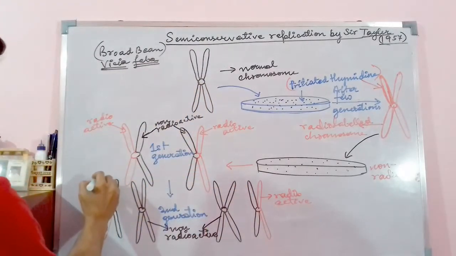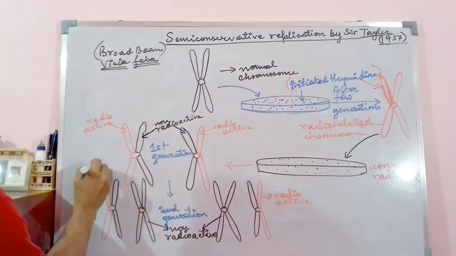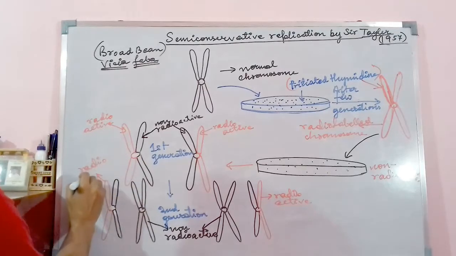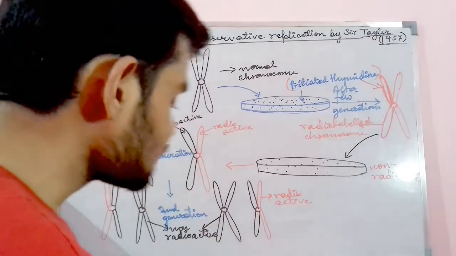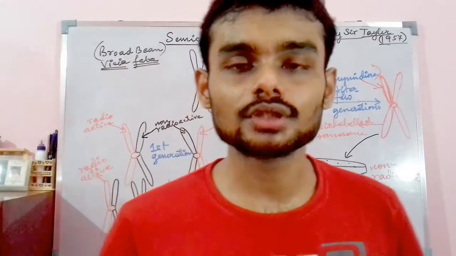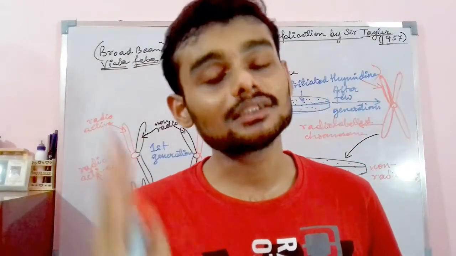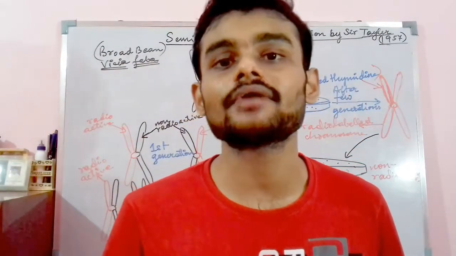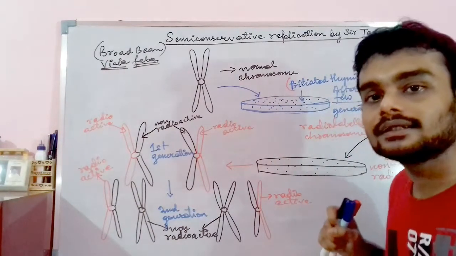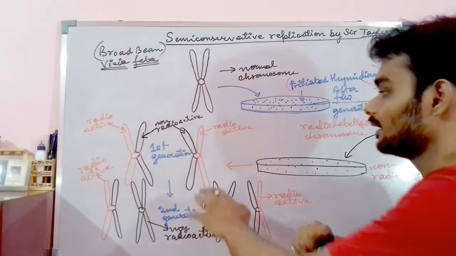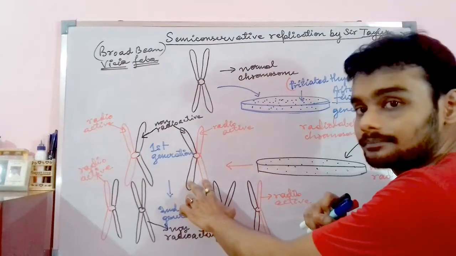Here also this was showing radioactivity. So 50% of the chromosome population was not radioactive and the other 50%, or the other half, was radioactive. Why? Taylor concluded that this is the parent chromosome, right?